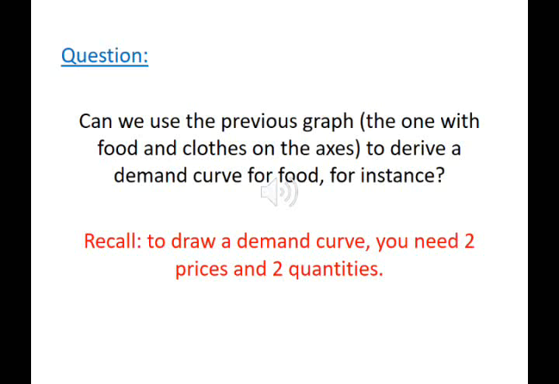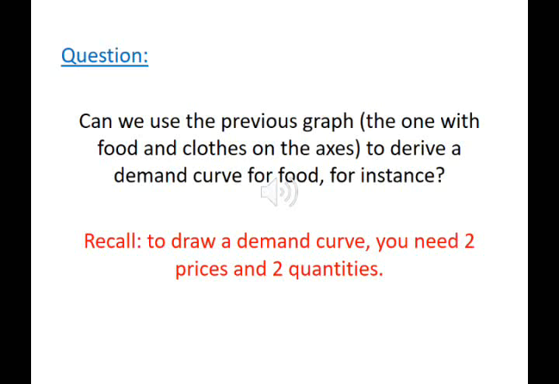And when the price of food increased to 3, we found that the consumer equilibrium changed to point B double prime. At point B double prime, the quantity of food consumed is equal to 1. So now we have 2 quantities of food consumed corresponding to the 2 prices.